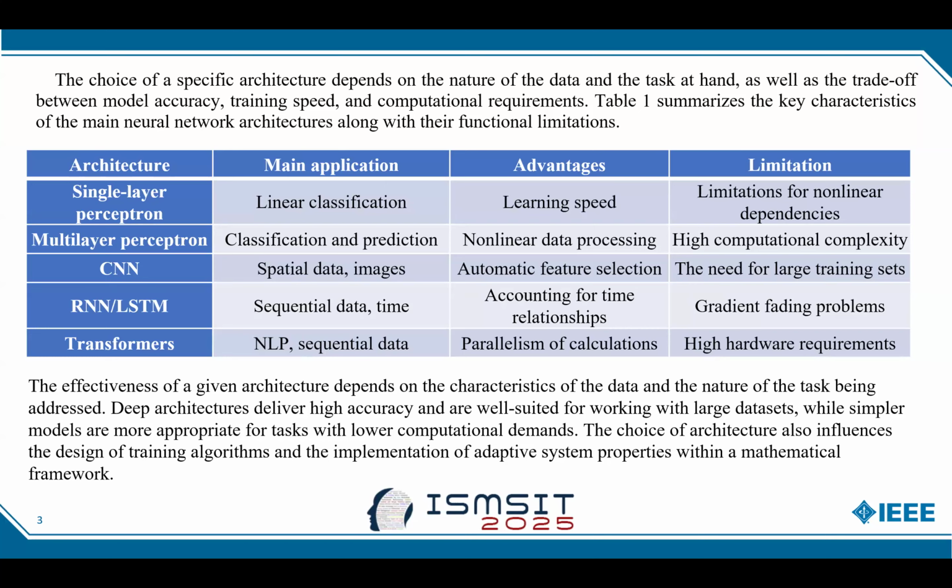Deep architectures deliver high accuracy and are suitable for large datasets, whereas simpler models are more appropriate when resources are limited. The choice of architecture also informs the design of training algorithms and the implementation of adaptive system properties. Essentially, your architecture shapes not just the model performance, but also its practical usability in real-world scenarios.